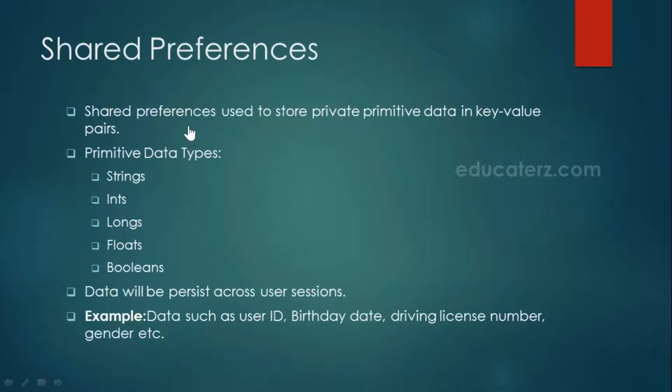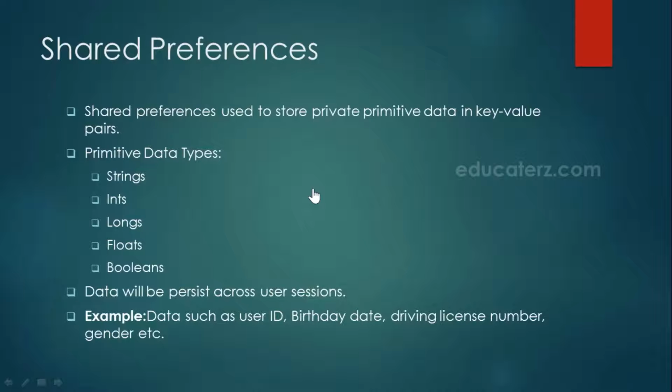The shared preferences. We use shared preferences to store private primitive data in key value pairs. The basic primitives are string, int, boolean, long, and float. In any language, basically, we store this kind of data in a key value pair mechanism.